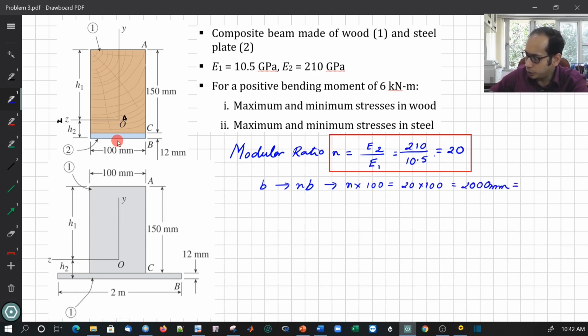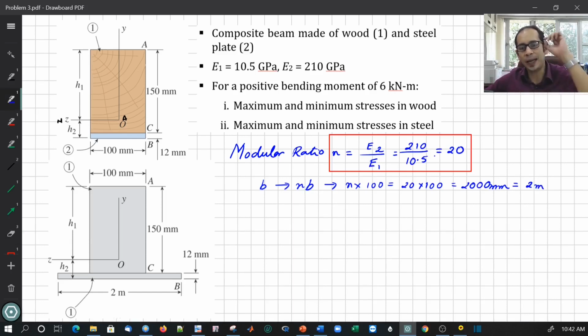Your top part stays intact, the top part 100 by 150 made of material 1. Only the bottom part, where the width was 100 mm, has been bumped up to n times 100, that is, sorry, this is not 20 meters, this is 2 meters over here. It has been bumped up to 2 meters.